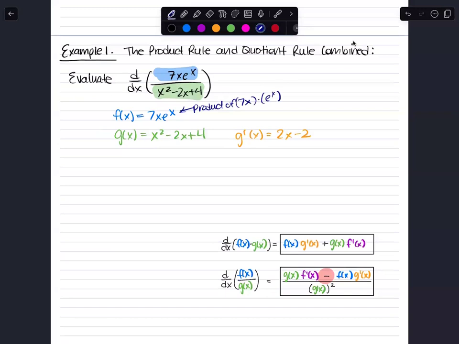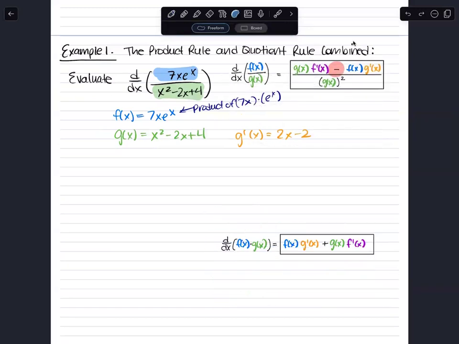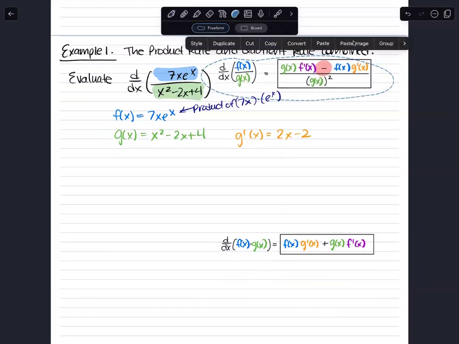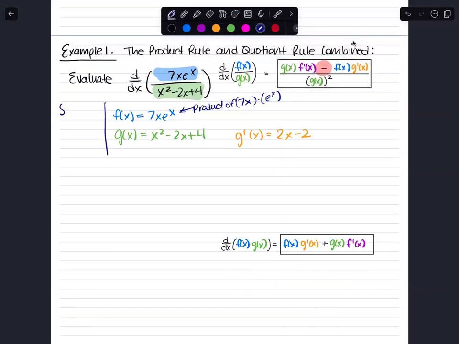Okay, we have a quotient rule at first because we see a quotient of 2 functions there. So we're starting with a quotient rule. And then in the process of needing to find the derivative of f, we recognize that f prime is going to be a product rule.